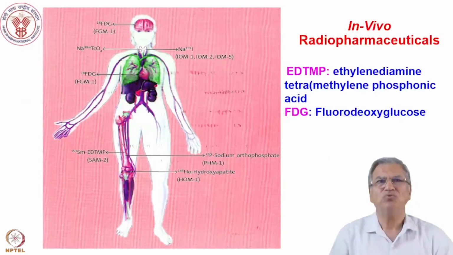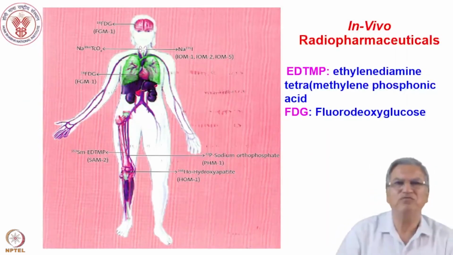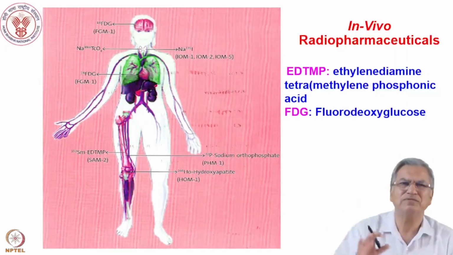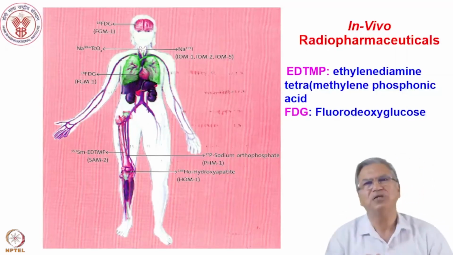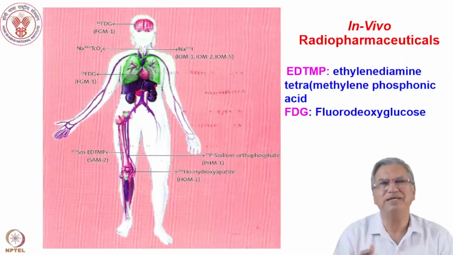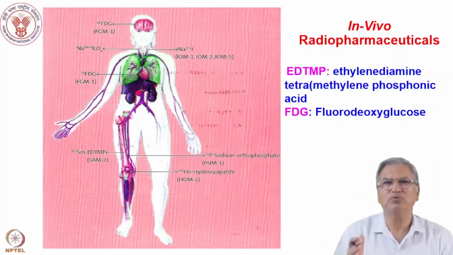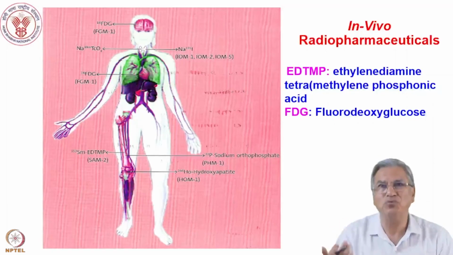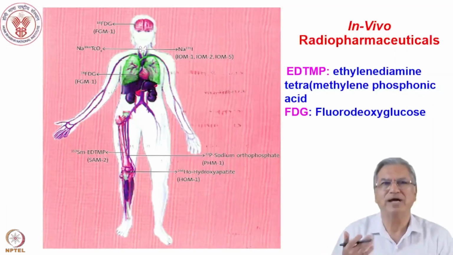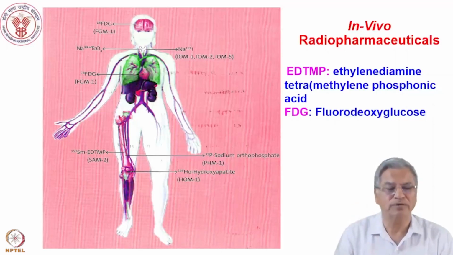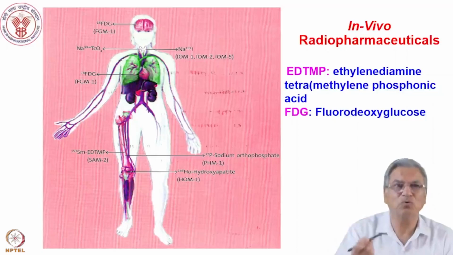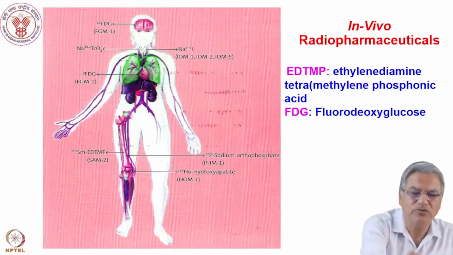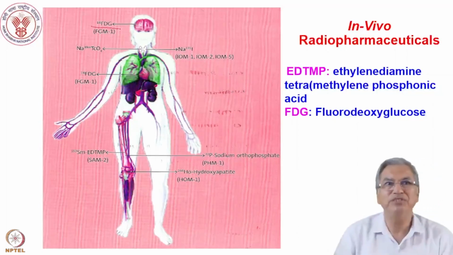Okay, so I've just given you a figure showing the different organs in the body which are likely to get affected by a disease, and there are radiopharmaceuticals, both in terms of the radioisotopes as well as the molecule, for which development has already been done to produce pharmaceuticals which will selectively go to the particular organ. For example, if you want to see the glucose metabolism in the brain, then you have fluorine-18 labeled FDG.